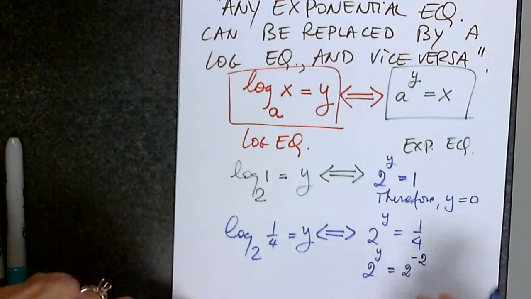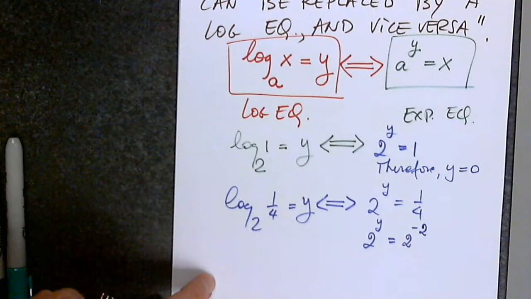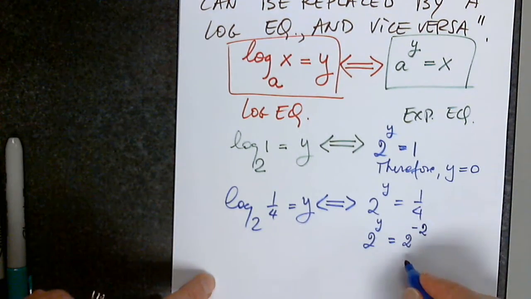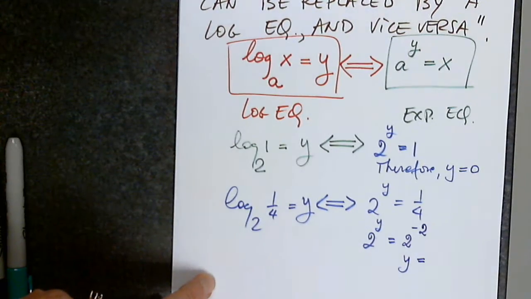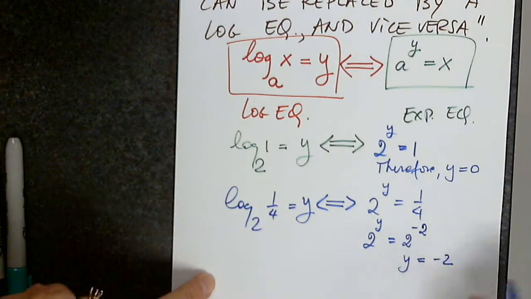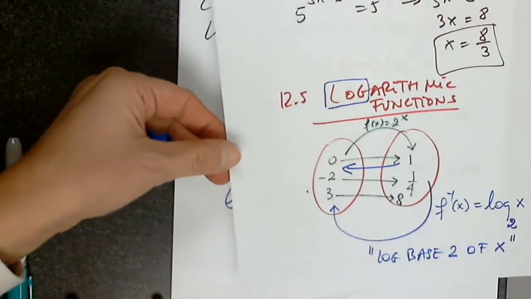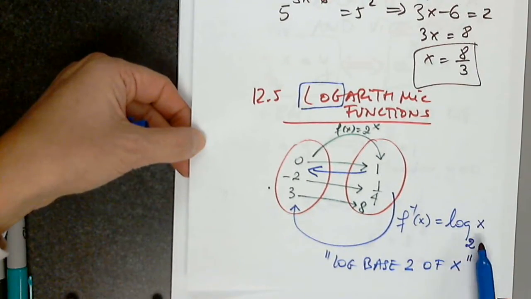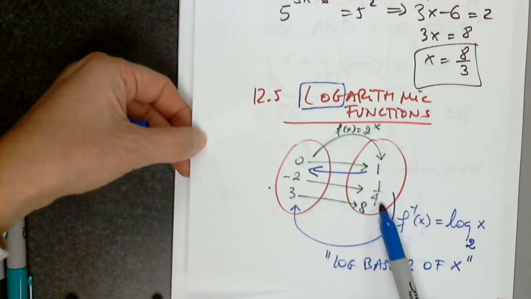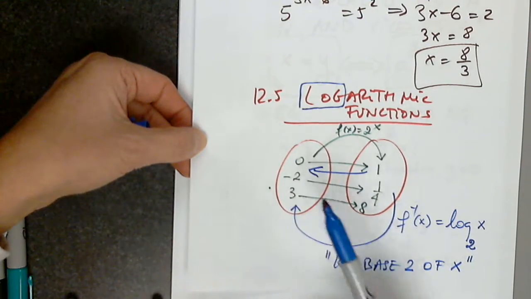Exactly. Now I can clearly say what is y. Okay, so let's go back to our bubbles. Is that clear that when we apply log base 2 to 1/4, we get -2? Awesome.